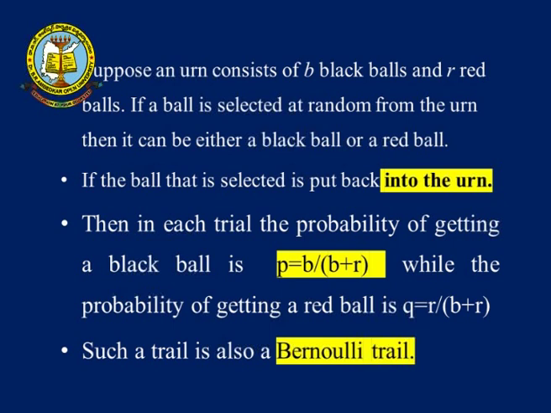If the ball that is selected is put back into the urn, then in each trial the probability of getting a black ball, the success, is P is equal to B by B plus R, that means favorable number of cases by exhaustive number of cases, while the probability of getting a red ball is Q is equal to R by B plus R. Such a trial is also referred to as a Bernoulli trial.